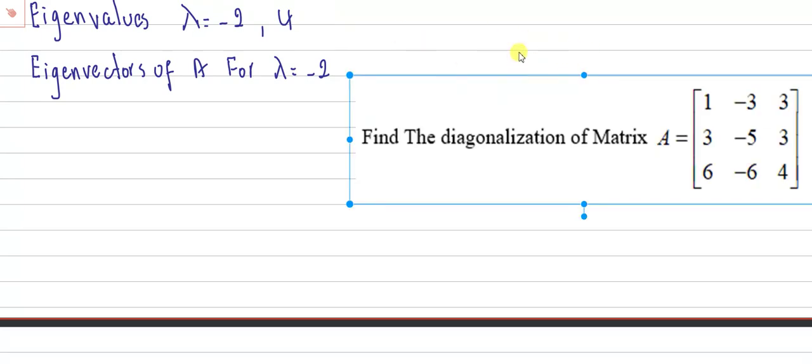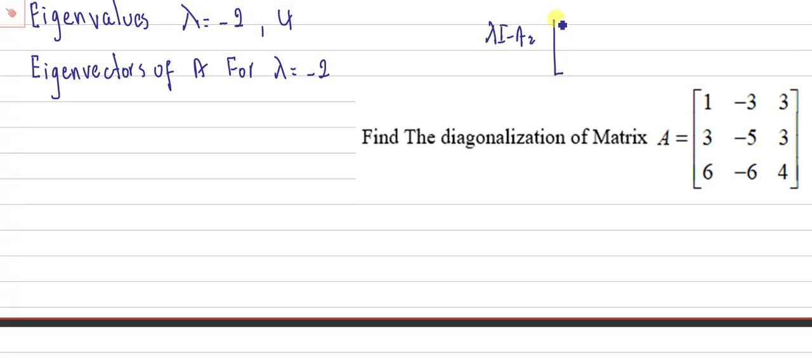So now I just write lambda I minus A here. Lambda I minus A is equal to lambda minus 1, 3 minus 3, and minus 3 lambda plus 5 minus 3, minus 6, 6, and lambda minus 4.